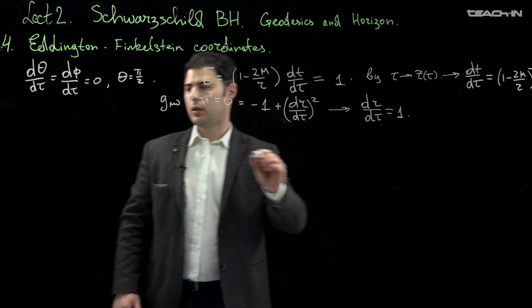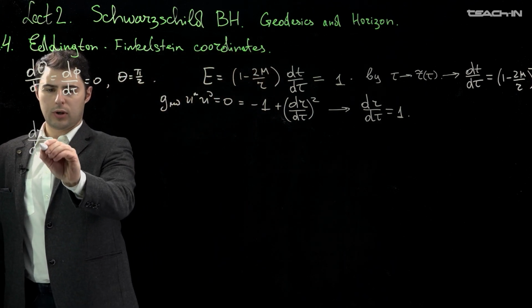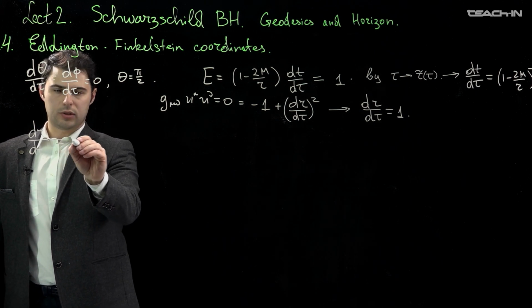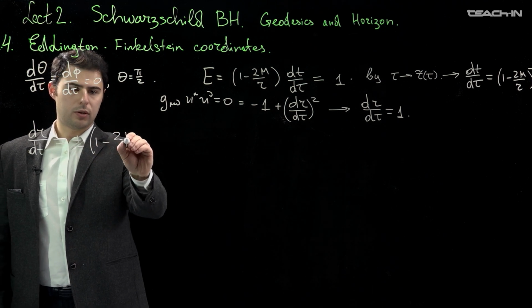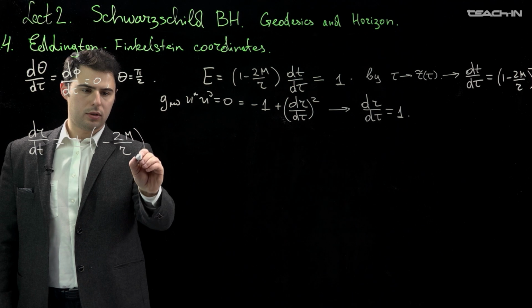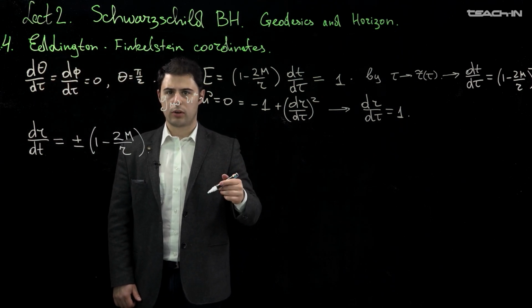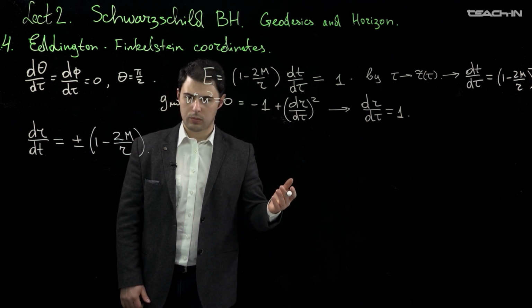Dividing one by another, we get that dr/dt equals plus or minus (1 minus 2m/r), and the plus or minus sign corresponds to either an infalling or an outgoing photon.